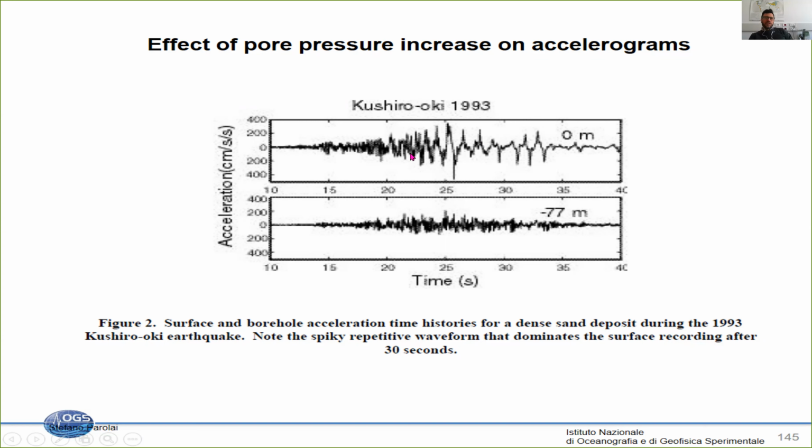And what is really amazing in this recording is this alternation you see here of spikes, sort of cusps, that are happening in this very last part of the recording for the surface recording, but that you, of course, do not observe in the borehole, where the shaking is also much smaller, like we would expect from all what we are studying on site effects.